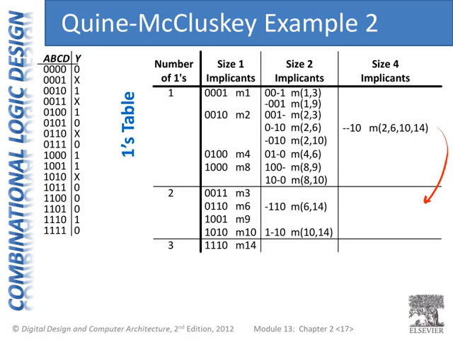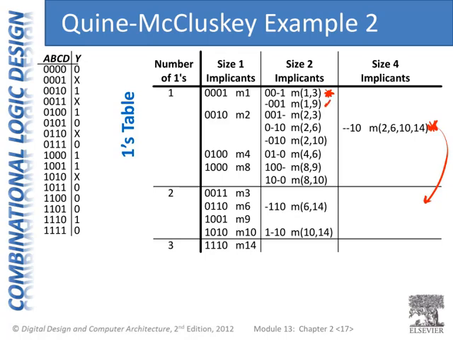Now we're going to look for prime implicants, not just implicants, but prime implicants, circles that are the largest circle that we can make. So here we have a prime implicant, clearly. This one is a prime implicant. And now we look for other prime implicants. M13 is prime because it's not completely included in any other implicant.